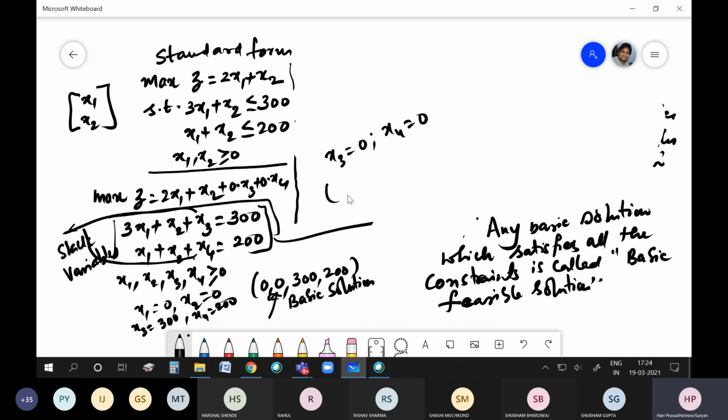How much do you get? 50 and 150. So the solution will be 50, 150, 0 and 0. Is this a basic feasible solution?